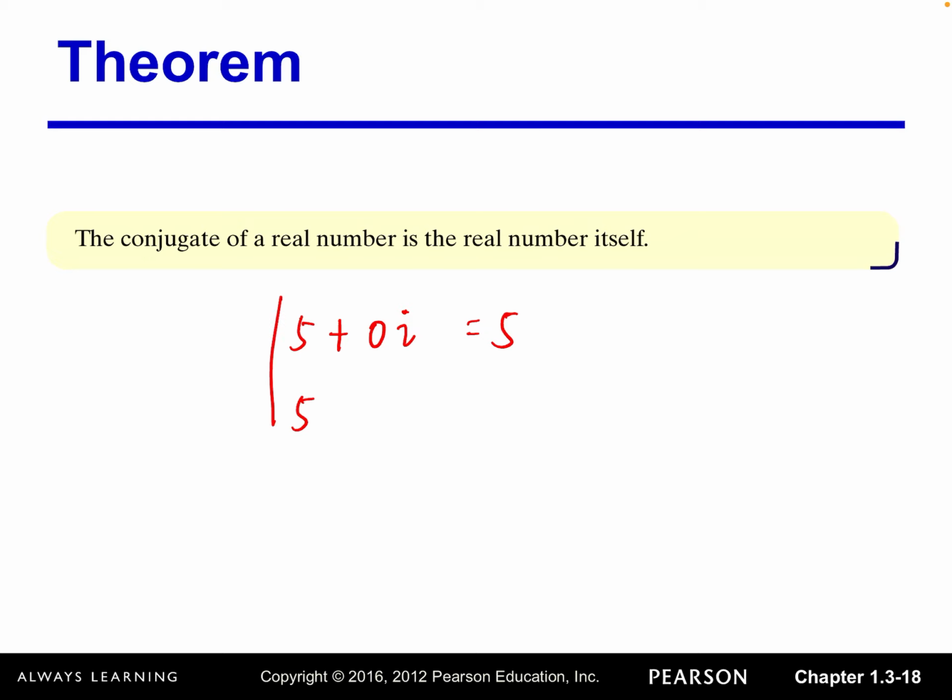So for the conjugate, the real part needs to remain the same, and then minus 0i. So that's the conjugate. That's why it still equals 5. That's why the conjugate of a real number is the real number itself, not the opposite sign. That would be wrong, right? So remember that.